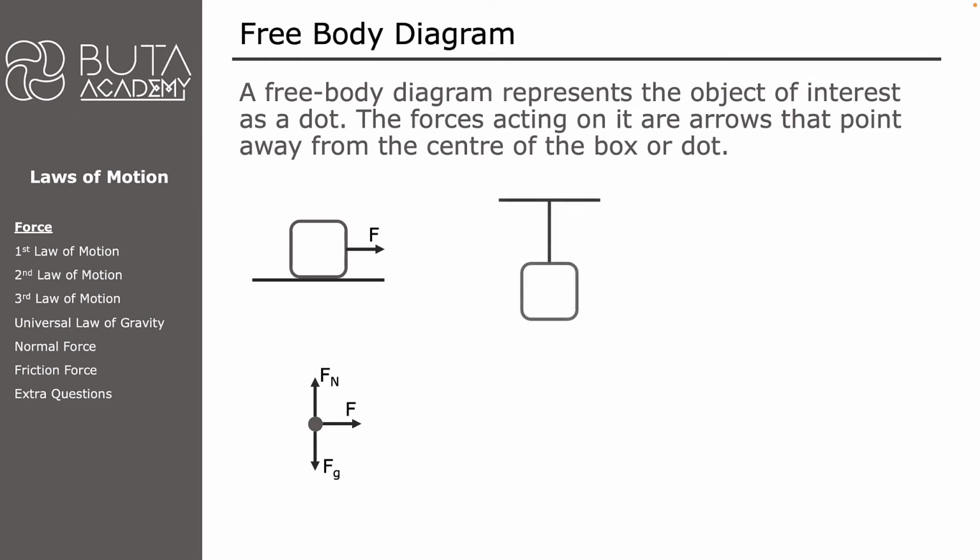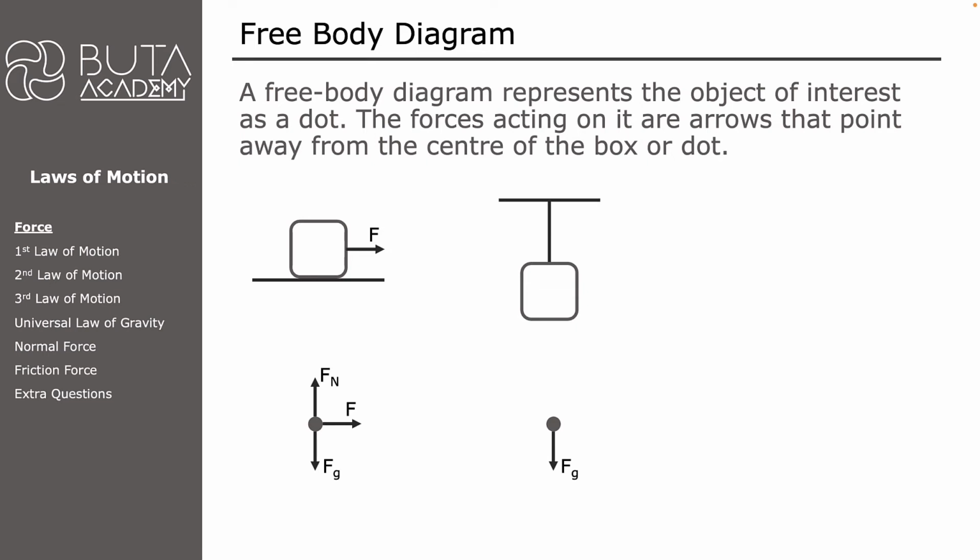In the second example, we have an object hanged from a ceiling. Again, we start the free body diagram by drawing a dot instead of an object. We have two forces applied on this object. First one is the force of gravity. As usual, we draw it downwards. The object is hanged from a ceiling by a string or rope.